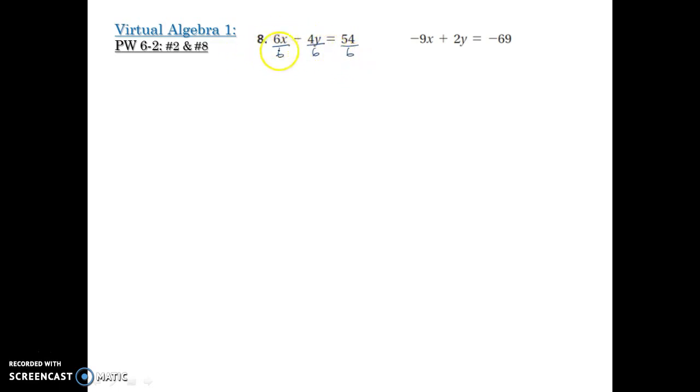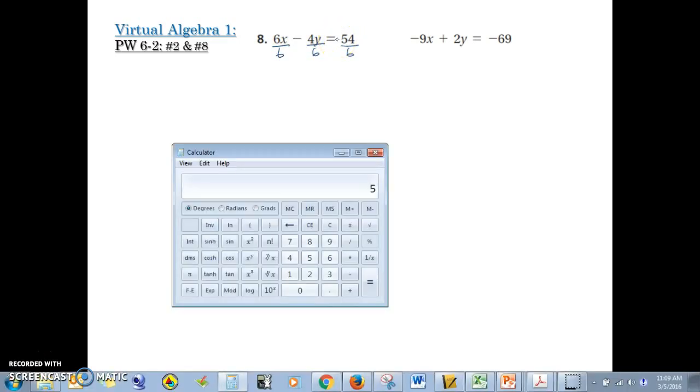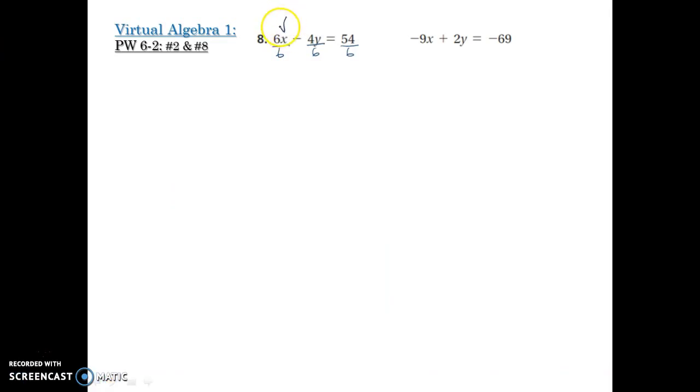And this would be 1. 4 over 6 is 2/3, and 54 divided by 6 is 9. So that's the only one where I get a whole number. So it looks like this x gives me the least amount of complications when I'm picking a variable to solve for. So let's solve this equation for x.